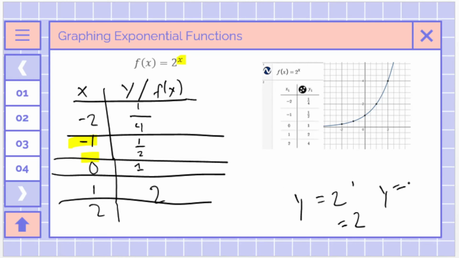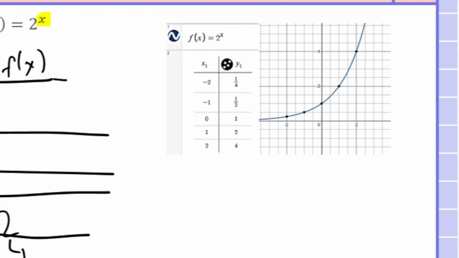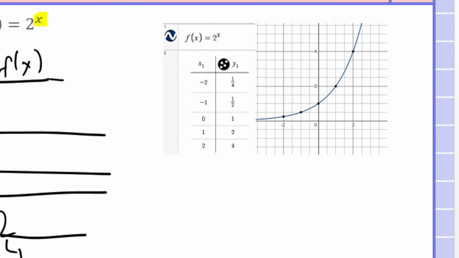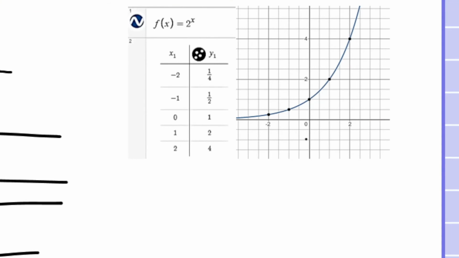Then y equals 2 raised to 2 is 4. Right? So, if we're going to graph that, we will have this graph. Okay?